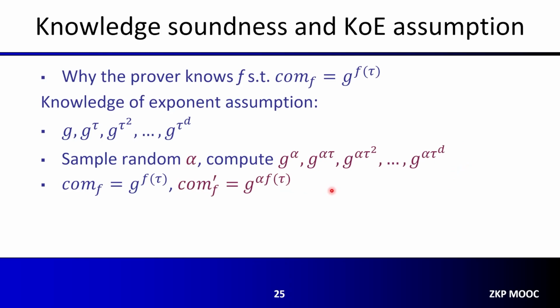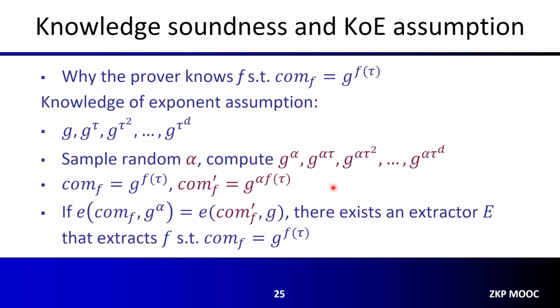So now for every commitment g to the power of f of tau, using the second set of global parameters, we can also ask the prover to compute g to the alpha times f of tau. And this is actually easy to do because we are just raising the corresponding element in the second set of global parameters to the same coefficients of the polynomial f. So there is actually a one-to-one relationship between these two sets of global parameters.